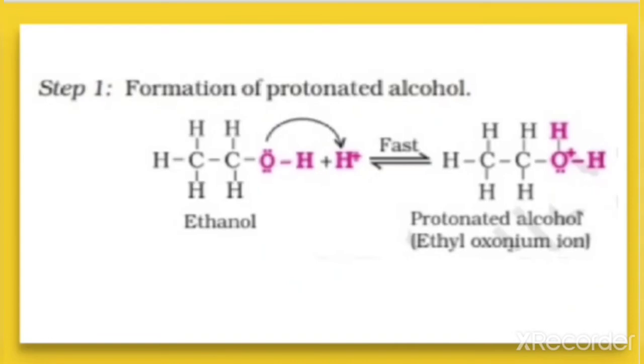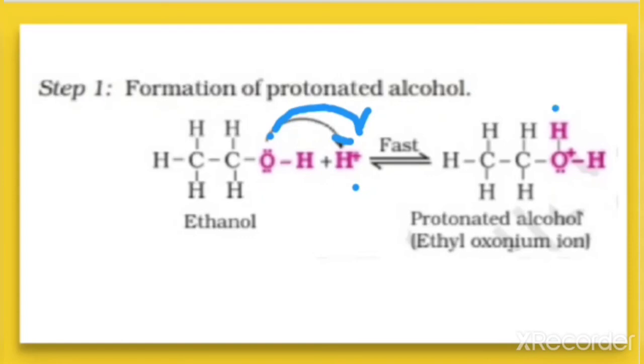Look at the reaction here. That is alcohol plus H plus, that is a proton. Proton does not have any electron in order to make the bond. So here the lone pair which is present on oxygen is given to the proton in order to make a bond.